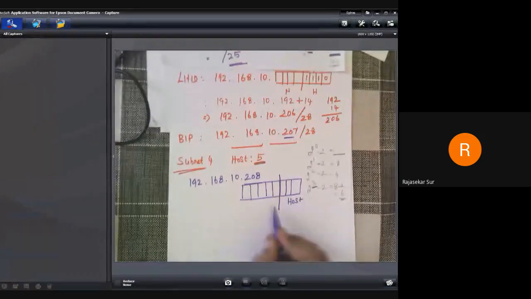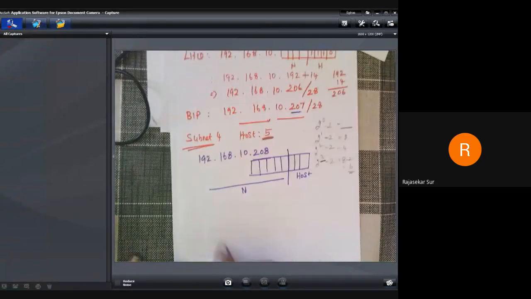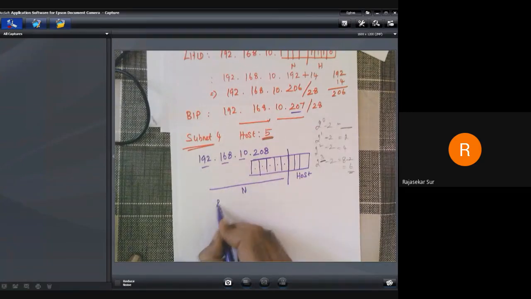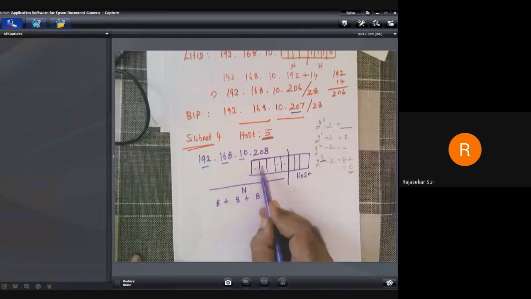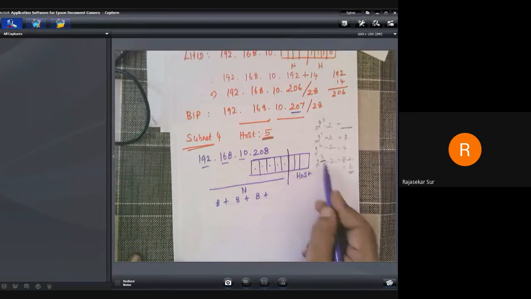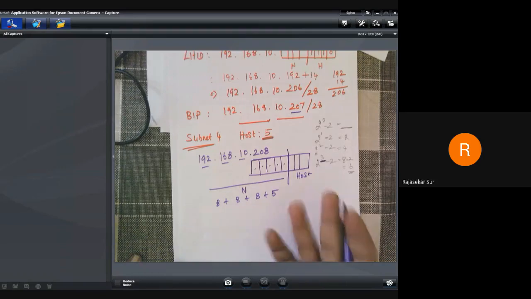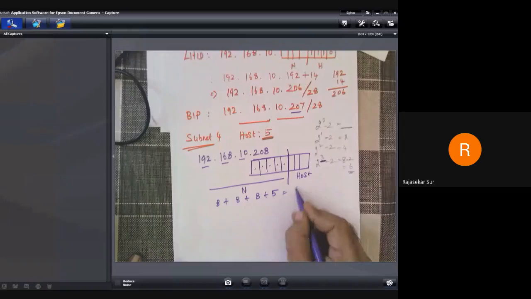The remaining bits we can move to the network. So what is the CIDR value? 8 plus 8 plus 8, first octet, second octet, third octet. From the fourth octet we are taking 5 bits: 1, 2, 3, 4, 5. Only 3 we are going to use for host, the remaining we move to the network. So 24, 25, 26, 27, 28, 29. So this is equal to /29.